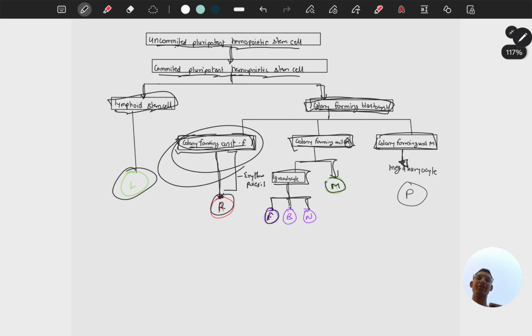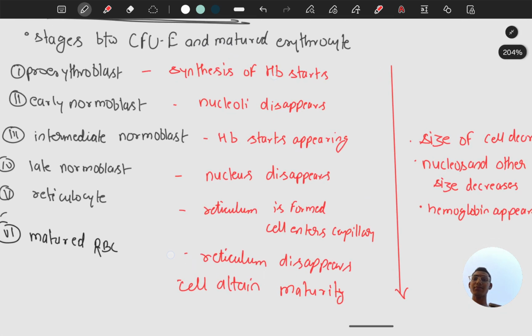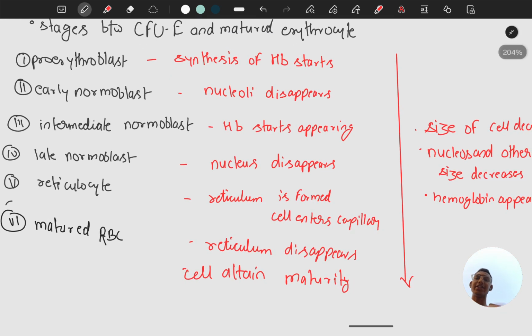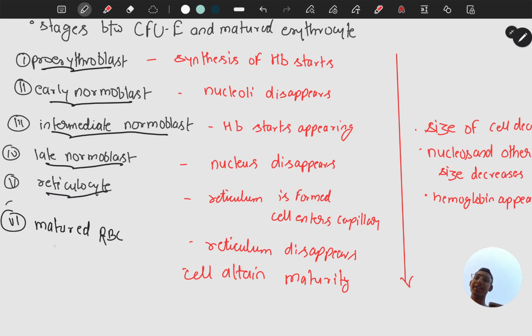The process by which colony forming unit E converts into matured RBC is called erythropoiesis. There are six stages in between. First is proerythroblast, early normoblast, intermediate normoblast, late normoblast, reticulocyte, and matured RBC.